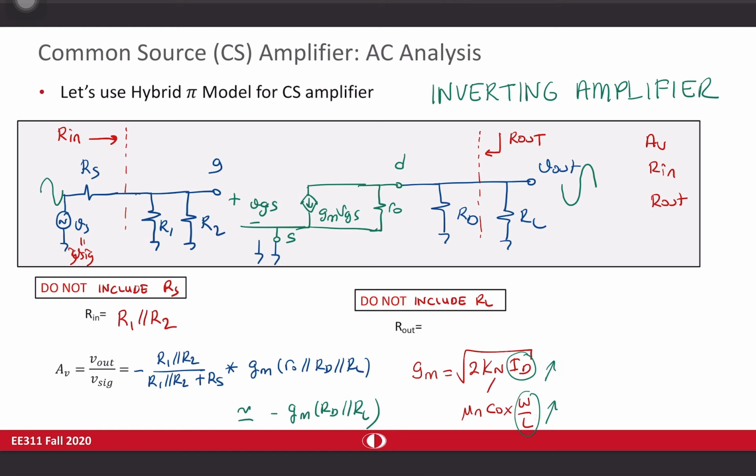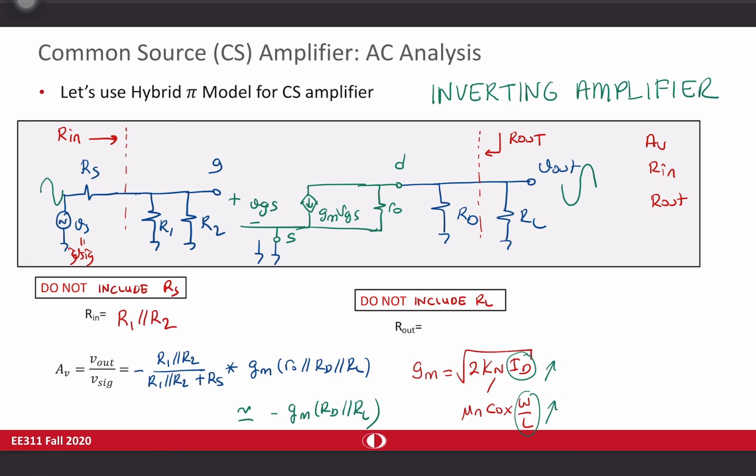You can use a larger DC bias for the drain current of the transistor. Of course, there are cons and pros. If you increase the DC bias, if you are using a large ID current, then it's going to increase your power consumption. The MOSFET will heat up more and it may create a problem, or power consumption itself may increase. If you do not have enough power budget, then that can be a problem.